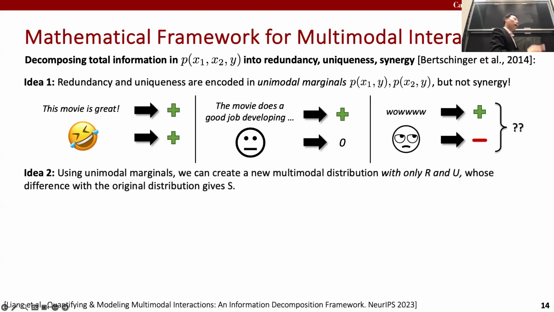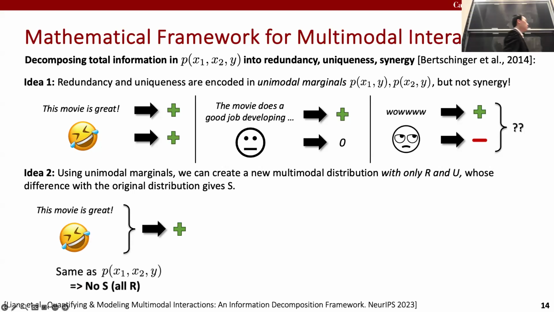That also means that if you have these marginals, you can couple them together to form new multimodal distributions that have the same amount of redundancy and uniqueness, but a very different amount of synergy. So again, the first example, x1 to y was positive, x2 to y was positive. From those two marginals, you could create a multimodal distribution that given x1 and x2 is still positive.